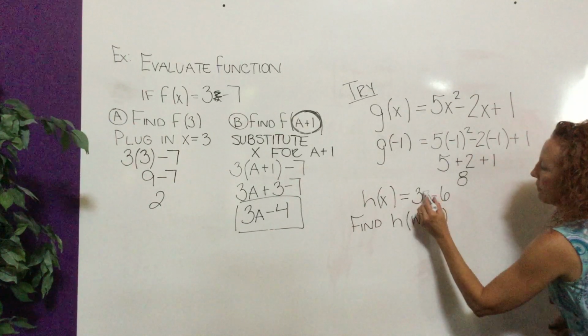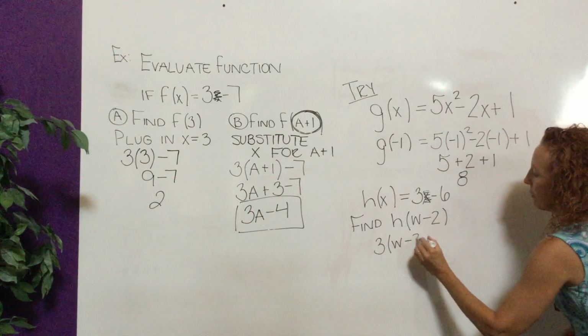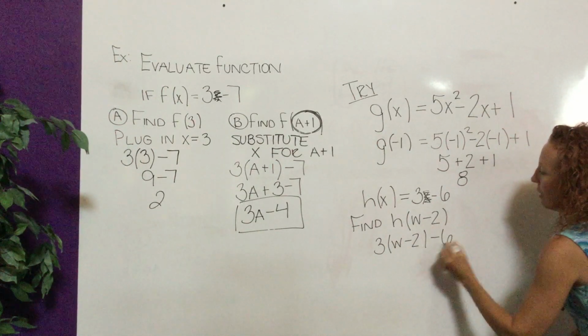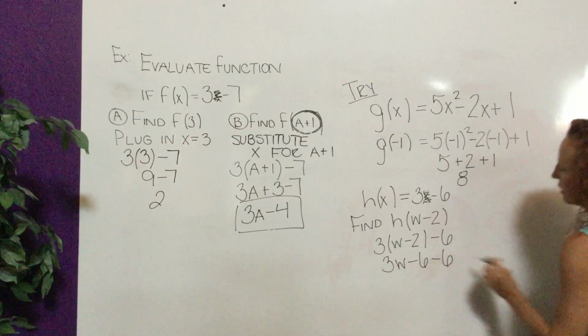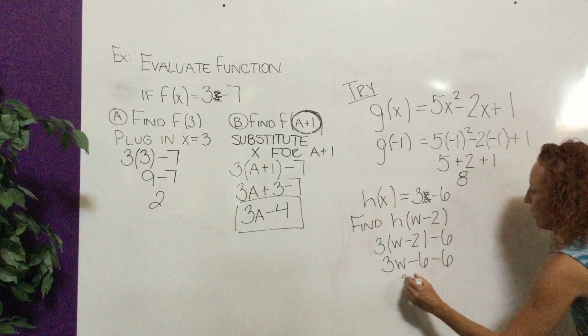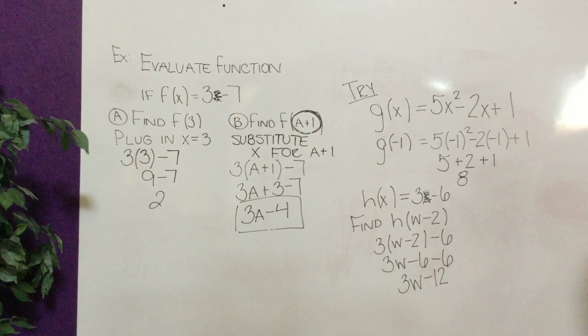And so instead of writing this x, you will plug in w minus 2. And so then you will distribute, and you have like terms, and so your final answer is 3w minus 12.